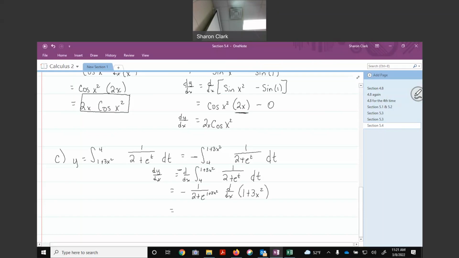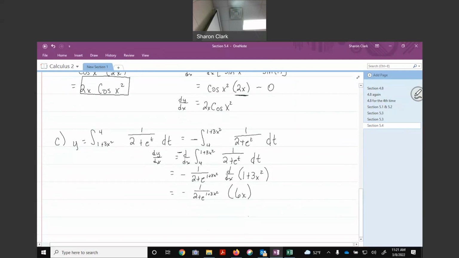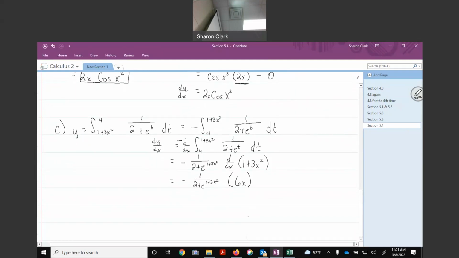So that's negative 1 over 2 plus e to the 1 plus 3x squared times 6x. That's 2 times 3 is 6. And just to clean it up a little bit, negative 6x over 2 plus e to the 1 plus 3x squared.